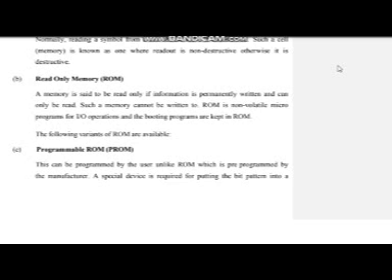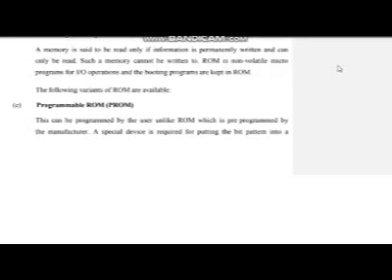Then we also have the PROM, the programmable read-only memory. This can be programmed by the user, unlike ROM. ROM, once it's in it, you cannot input or output. But in PROM, you can input programming into it. We have the erasable programmable read-only memory.